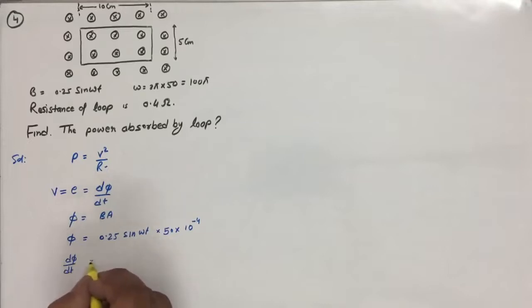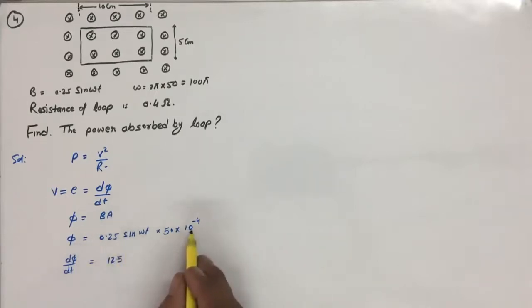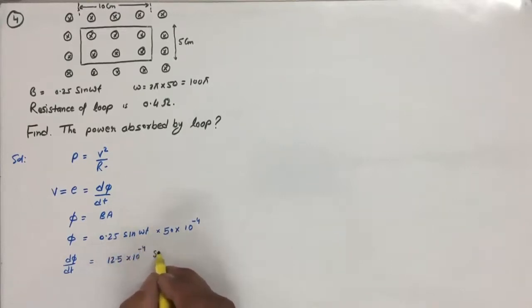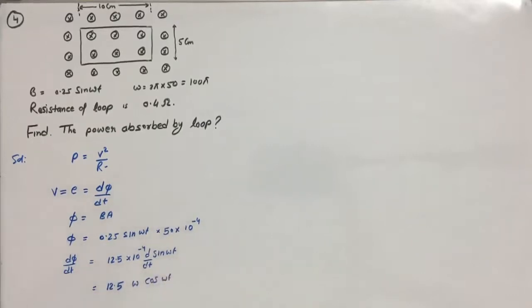then we can get d phi over dt, which will be, if we multiply here, 12.5 times 10 to power minus 4 sine omega t, d over dt, and after further simplification it will give us 12.5 omega cos omega t.